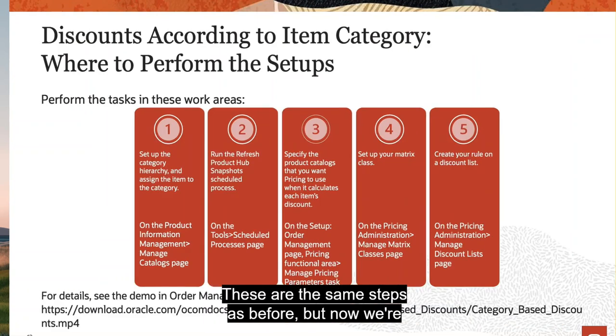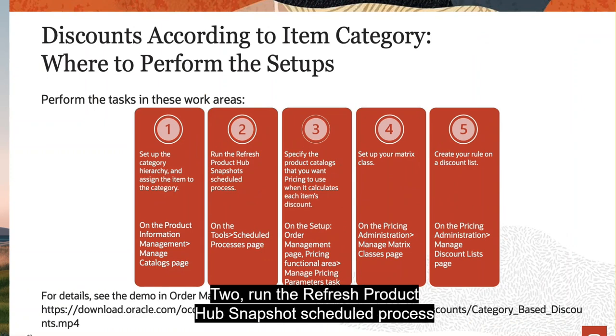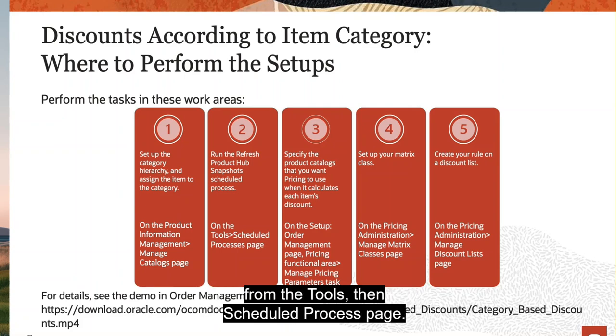These are the same steps as before, but now we're showing where to complete each one. 1. Set up the category hierarchy and assign items to categories in the Product Information Management work area. 2. Run the Refresh Product Hub snapshot scheduled process from the Tools, then Scheduled Processes page. 3.